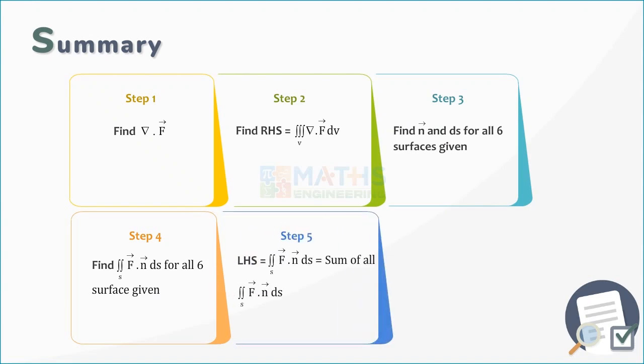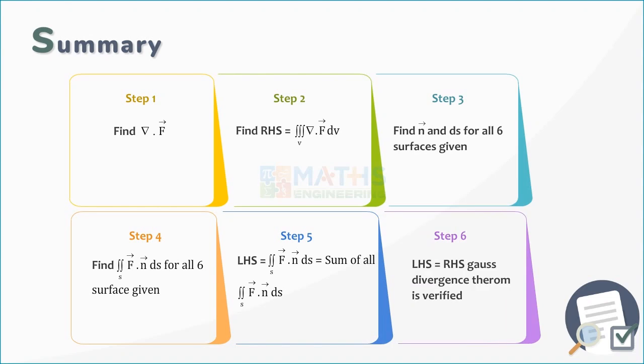The left hand side is equal to the double integral over S of F vector dot n vector dS, which is the sum of all 6 surface values. Finally, we found the left hand side is equal to the right hand side. The Gauss divergence theorem is verified.